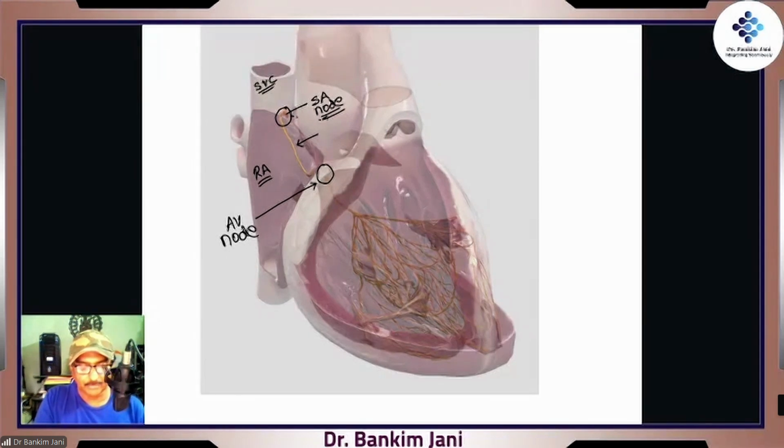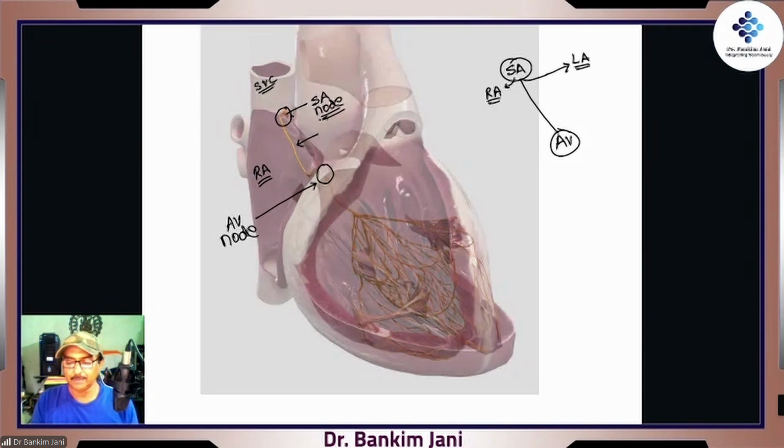Right now we are not drawing it, not to make it complicated, but we can just say this is the SA node and this is the AV node. One branch goes to the left atrium, because from here it will be directly going into the right atrium. And here starts the journey for the AV node.